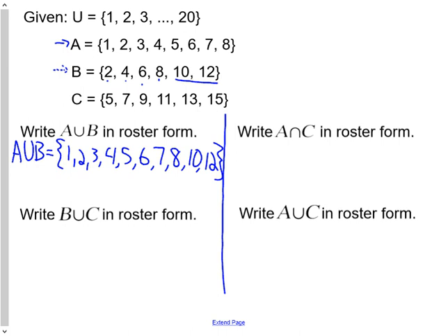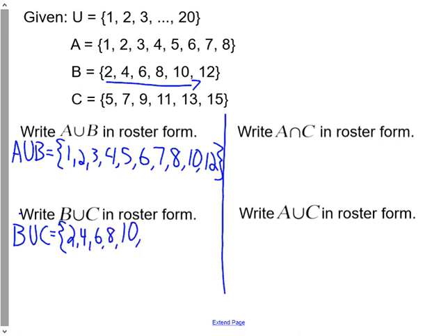Next up, what about B union C? So now I'm going to start with B and write down every element in B, and then go down to C and write any elements that weren't in B but are in C. So starting out 2, 4, 6, 8, 10, 12.